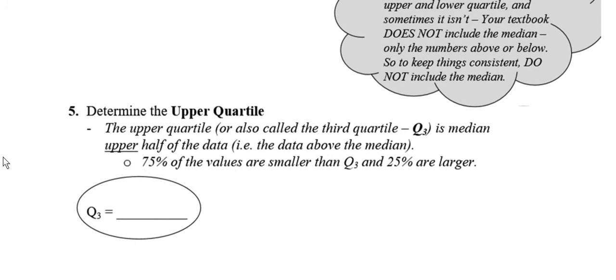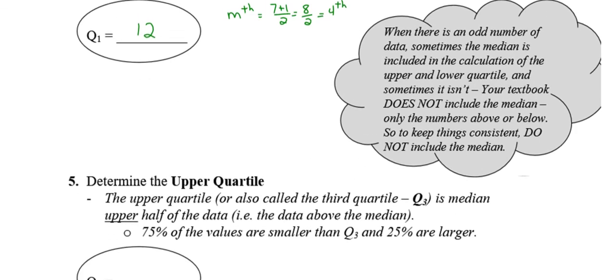Similarly, the upper quartile is the median of the upper half of the data. Now, you're going to use the same position number, but you're going to count this from the right side.